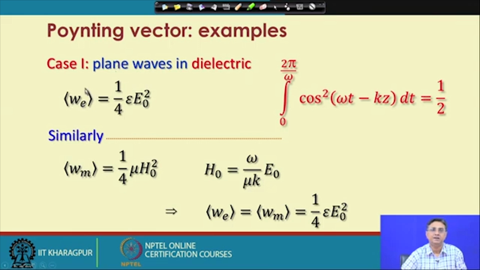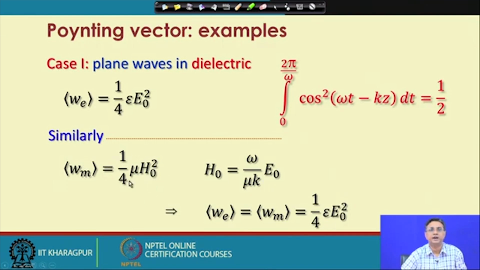So, the time average of the energy density associated with the electric field will be equal to 1 upon 4 epsilon E naught square, where E naught is the amplitude of the electric field. In the same way, the energy density associated with the magnetic field can be calculated to be equal to 1 upon 4 mu H naught square, where H naught is the amplitude of the magnetic field.